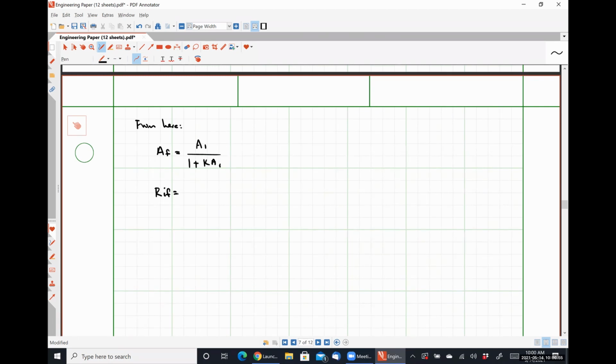The input resistance with feedback is simply Ri multiplied by a factor of 1 plus Ka1.